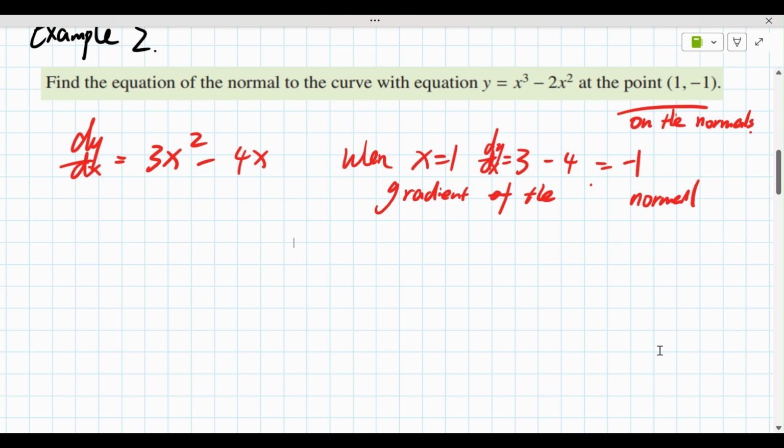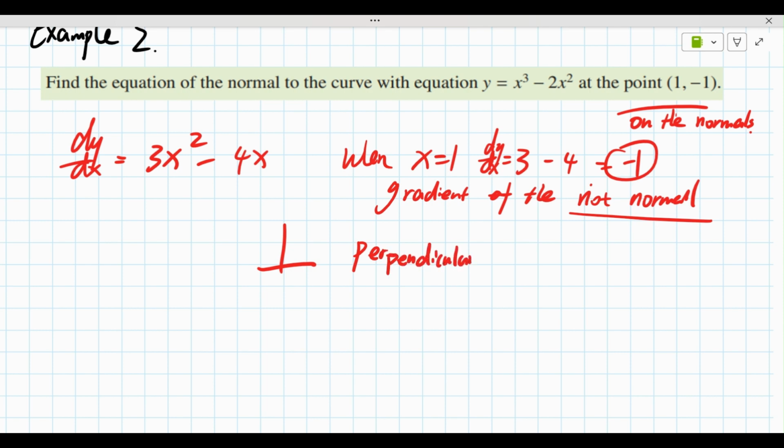Okay, so once you have the gradient, that's the gradient of the tangent to the curve, but not the normal. So what we do is perpendicular. That means the gradients multiply: negative 1 times m equal to negative 1, and that means m equal to 1.